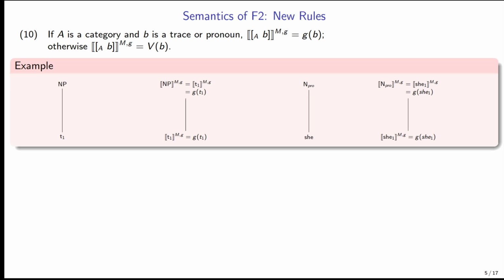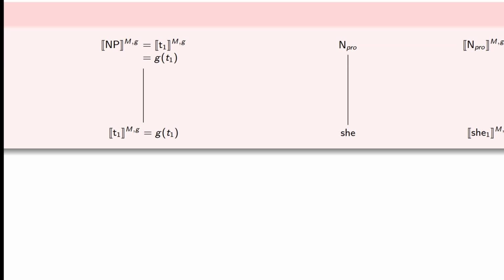The first rule is for pronouns and traces. For pronouns and traces, we use an assignment function, but we don't evaluate anything until the very end. So for instance, if we have a noun phrase that has a trace in it, so NP to T1, let me just zoom in a little bit on this so we can see it more clearly.